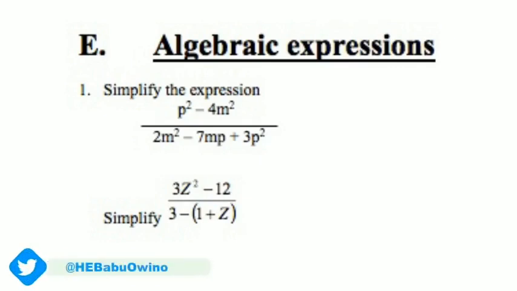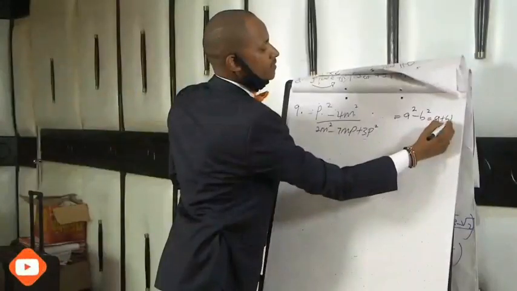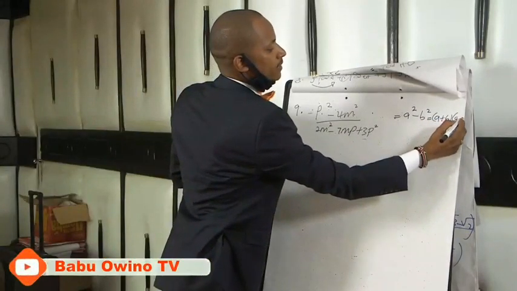So when we are solving this algebraic expression, you look at the numerator and then you look at the denominator. We can see the numerator is a difference of two squares. A difference of two squares means a squared minus b squared, which can be written as a plus b into a minus b.